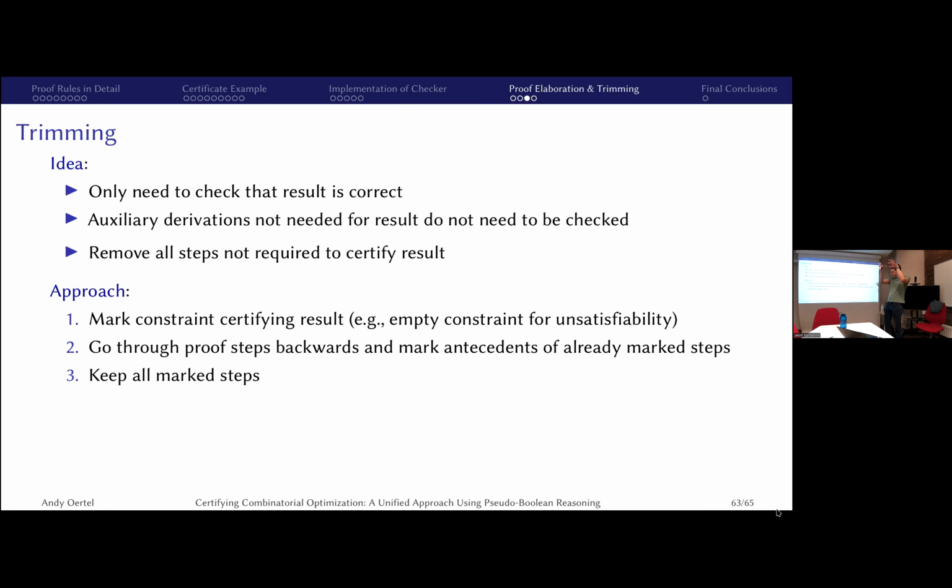And this we do going backwards through the proof. Anytime we encounter a marked step, we mark its dependencies. Then at the end, when we are at the beginning of the proof, all the marked steps are our trimmed proof. The difficulties here are that we have different rules.